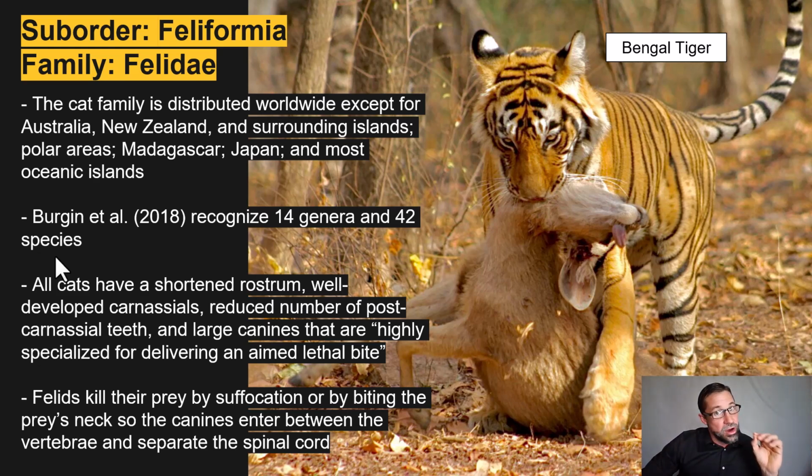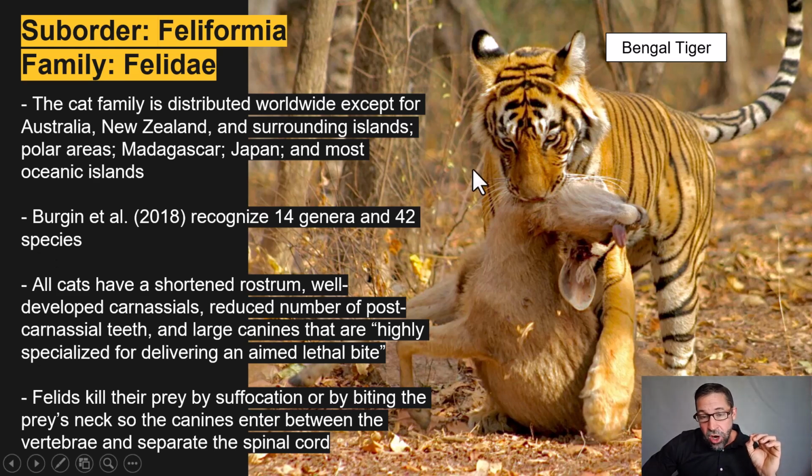They also have very well-developed carnassial teeth for shearing meat, as has been previously discussed as well. They have a reduced number of post-carnassial teeth, and then they have those large canines that are highly specialized for delivering an aimed lethal bite.